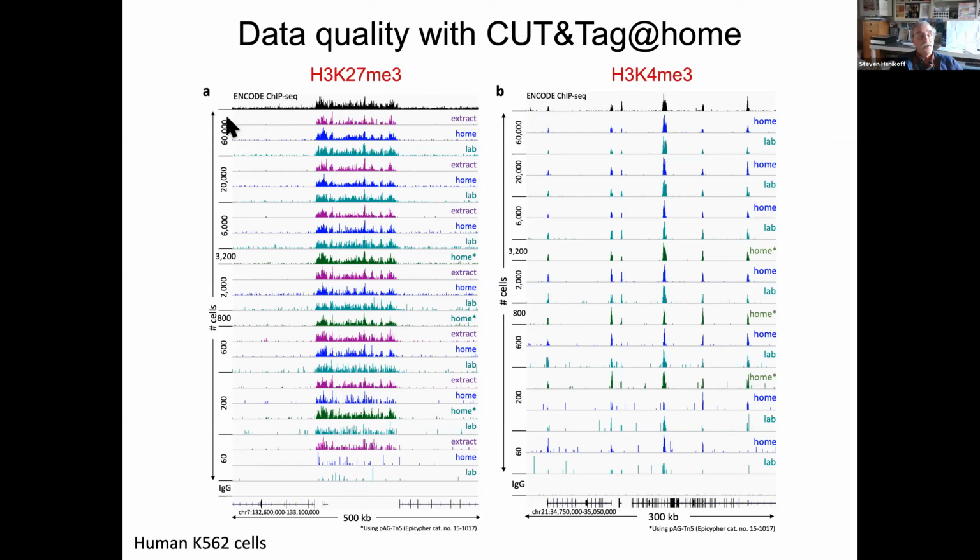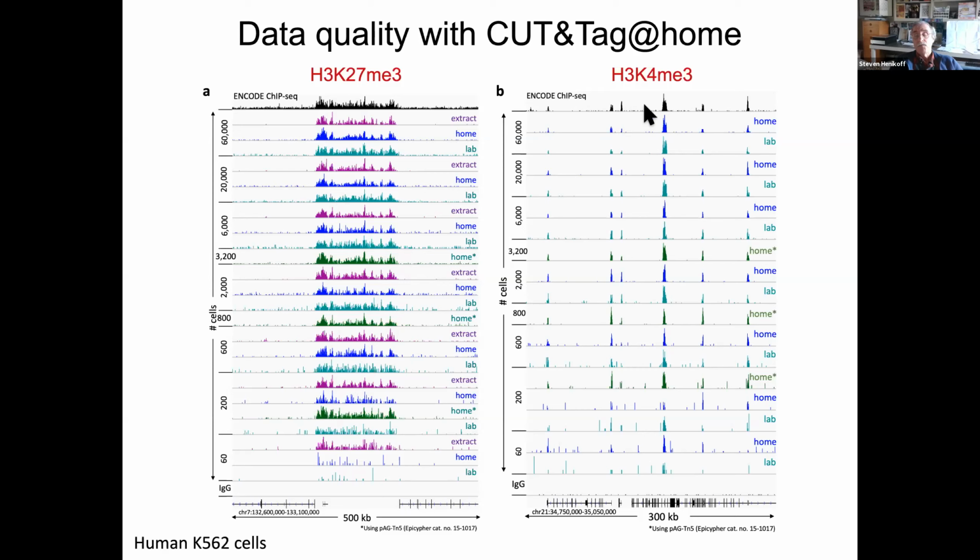And this is a low cell number test where we've gone down from 60,000 cells down to 60 cells. And you can see whether this is carried out in the home or in the laboratory or extraction, we get pretty much very similar nice clean results.